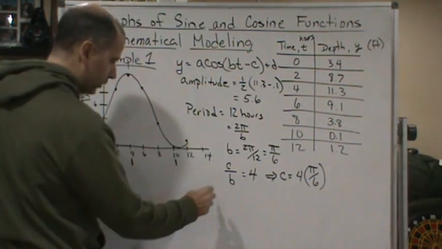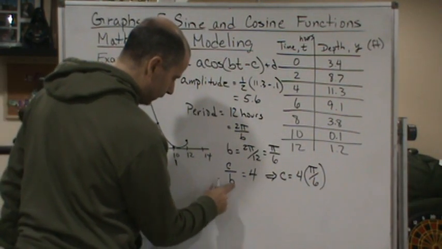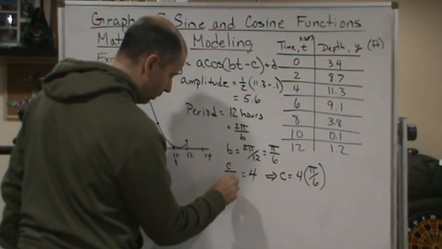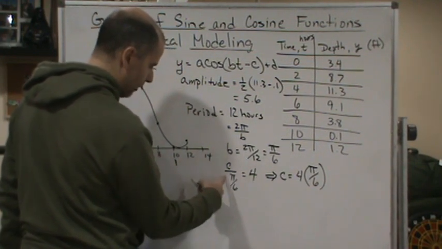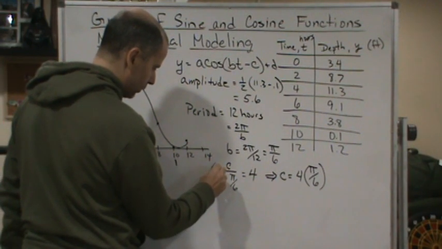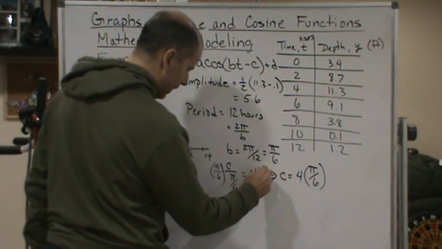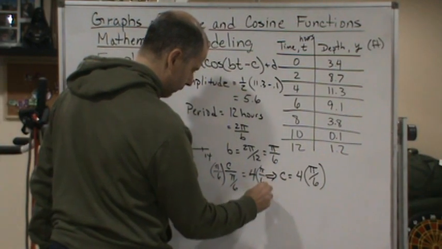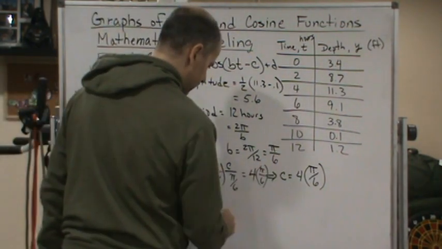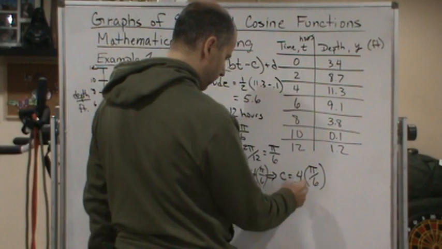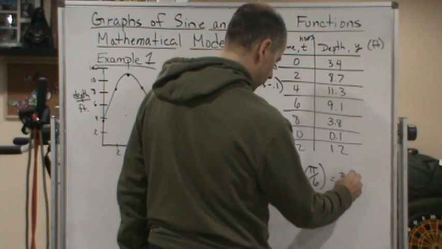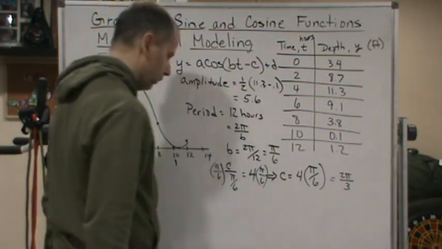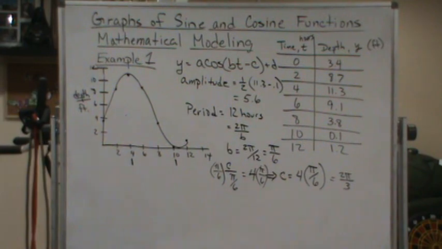Now, how did I get there? If I replace B with pi over 6, I have to multiply both sides by pi over 6 to get rid of it. And so now I get C equals 4 times this, which ends up equaling 2 pi over 3.